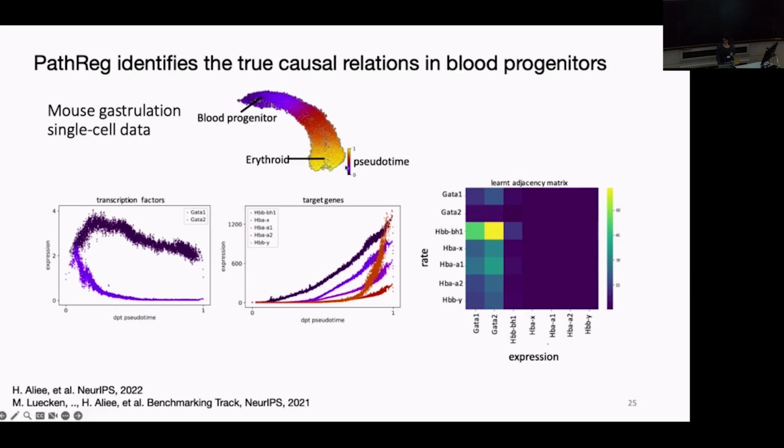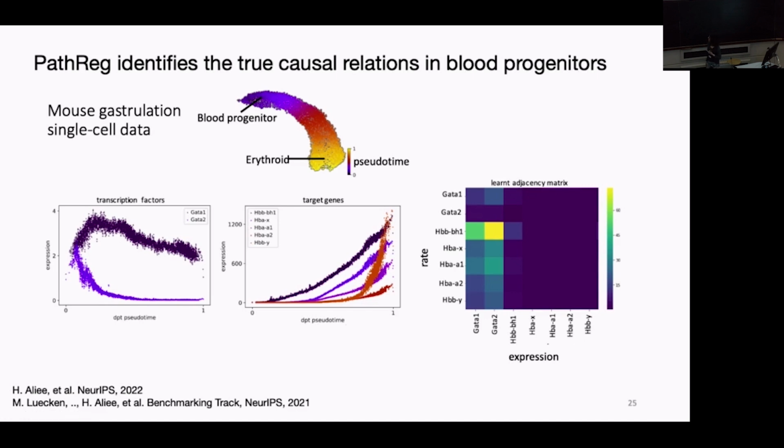And you can also see the pseudotime that I assigned to this data. And in this particular trajectory of cells, it was known in the literature that there are two transcription factors, GATA1 and GATA2, and I'm showing you here their expression over the pseudotime, that they affect the expression of hemoglobin genes that I'm showing you in this second plot.